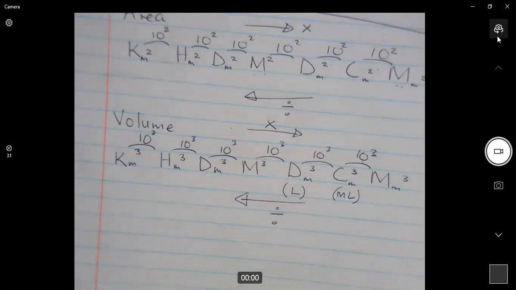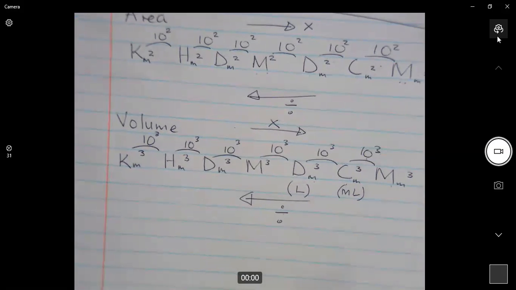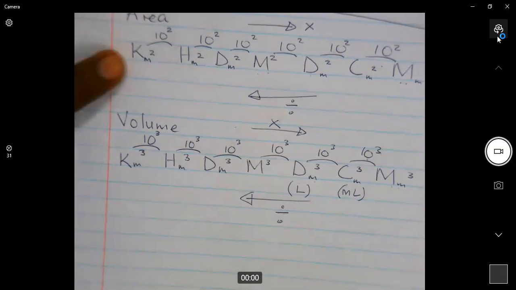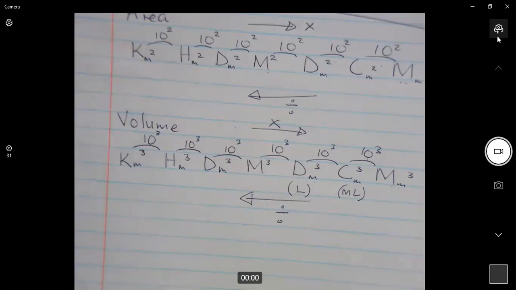Okay, let's start from here. Understand here. Length means distance, like between me and you is distance. That's length. That's why you have kilometer, hectometer. When we say area, what is area? It means the space covered. Like between you and me is not space, it's distance.